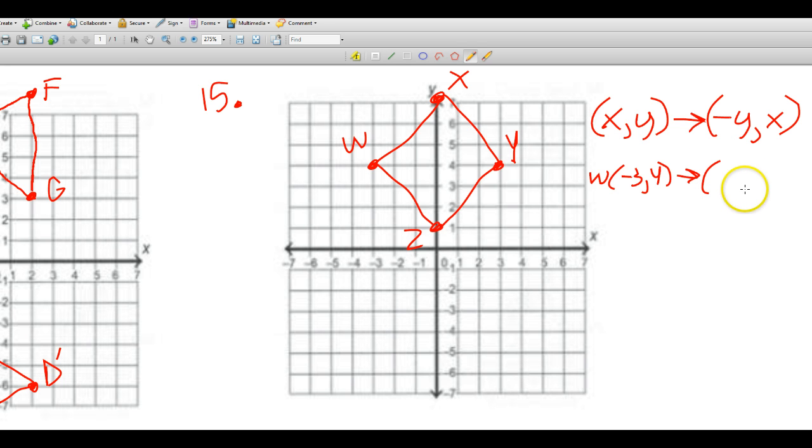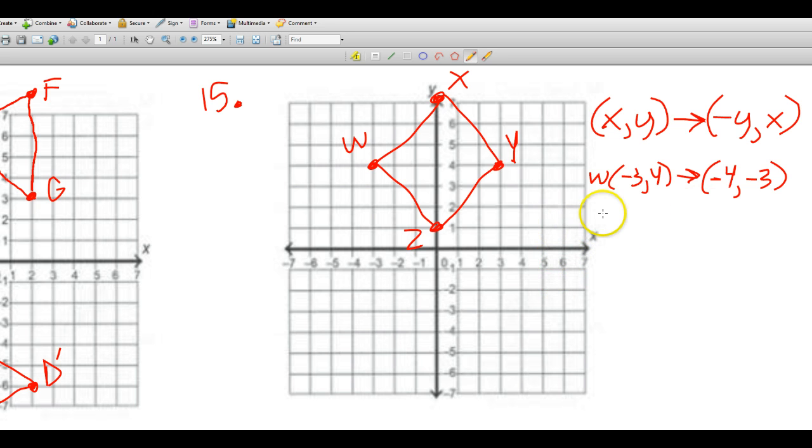So my y coordinate is now -3. And my y coordinate I want to take the opposite of and make it my x coordinate. So now take the opposite of this, so that would be -4, and that's now my x coordinate. So opposite of y, x. And do the same for the others.